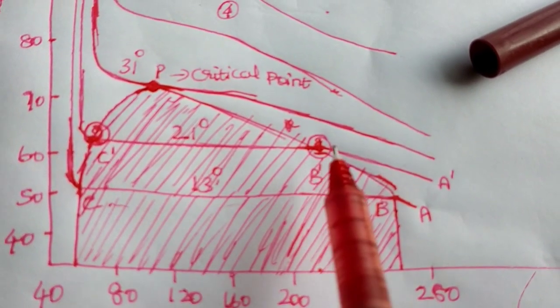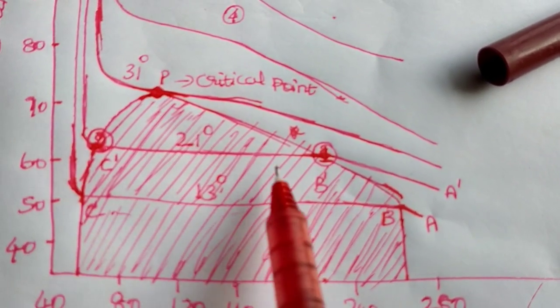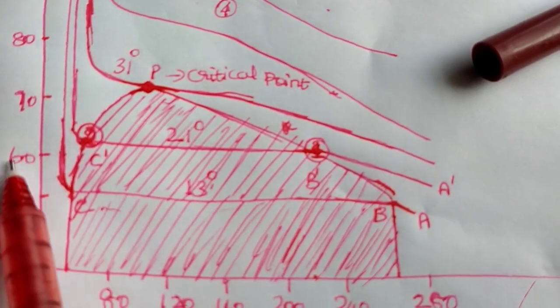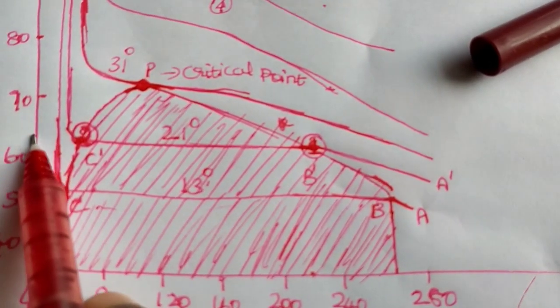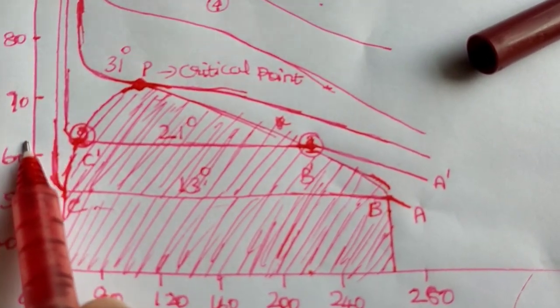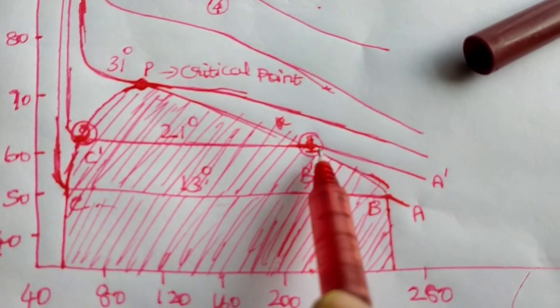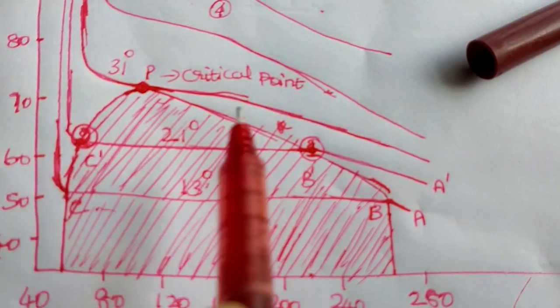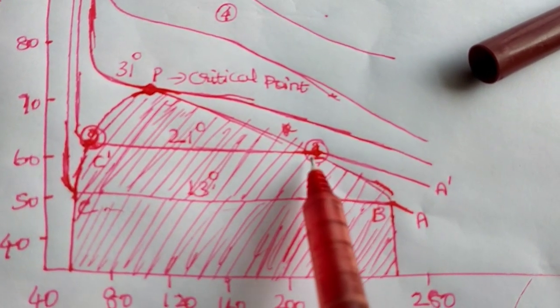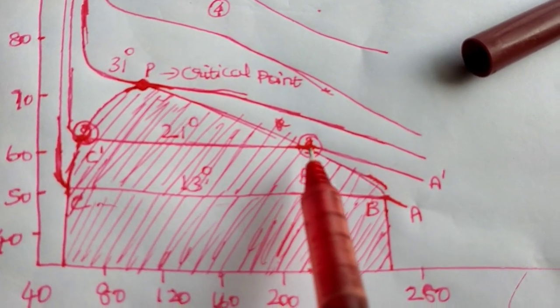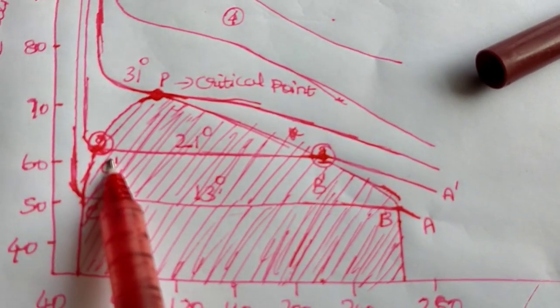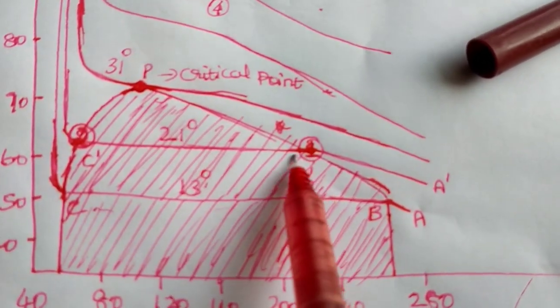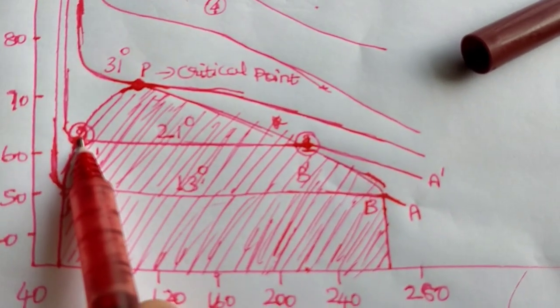Then again at constant pressure, meaning at 62 or 63, the carbon dioxide travels along the line from P dash to C dash in one straight line.